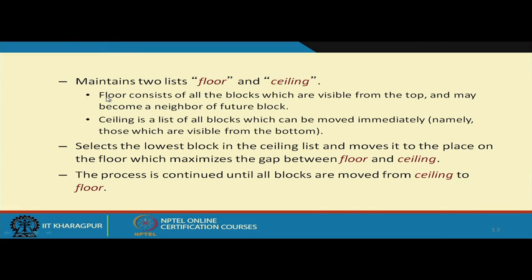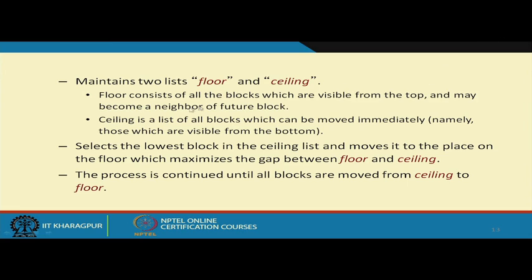So, in this algorithm we are maintaining 2 lists, floor and ceiling. Floor consists of all the blocks which are visible from the top. You look at the 2-dimensional picture with blocks placed, and suppose you are viewing from the top.